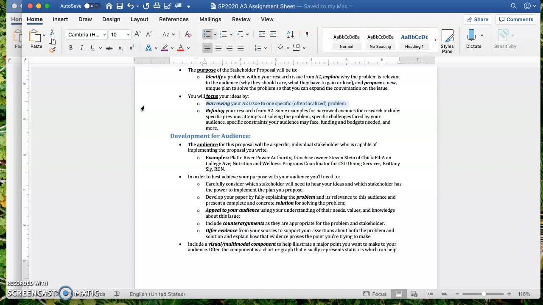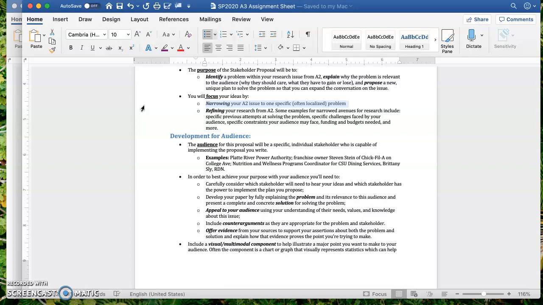But in a proposal, we're trying to show a plan to solve an issue, right? So it's often useful to localize that issue. So maybe saying, like, convincing a specific district, let's say I'm going to convince Larimer County within Colorado, a specific area.